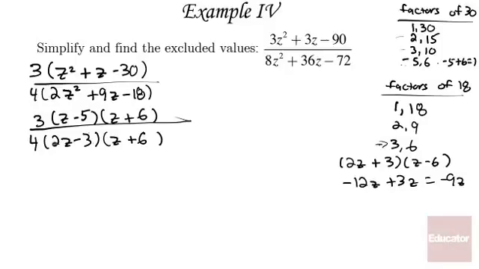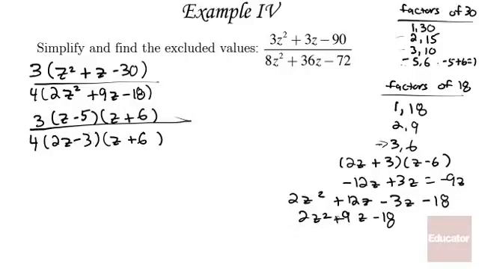This is going to give me, let's see, an outer term of 2z cubed, and then 12z. That's 2z times 6, negative 3z, minus 18 when I multiply out the last term. So that's 2z squared plus 9z minus 18.